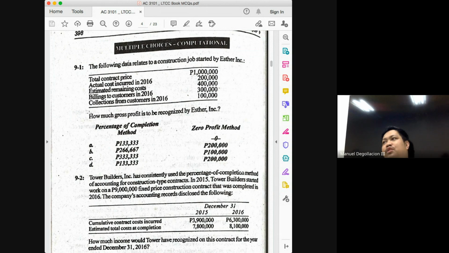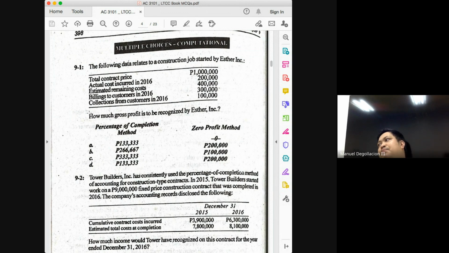Next, the other thing you need to solve for your RGP is the percentage of completion. Again, you need two things to solve for your percentage of completion. And what are these two things? The cost incurred to date divided by your cost at completion. So class, very important ang cost at completion. If you get the cost at completion wrong, then your percentage of completion will be wrong, your expected gross profit will be wrong.